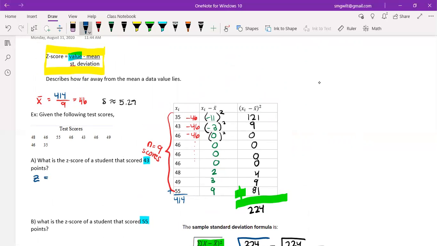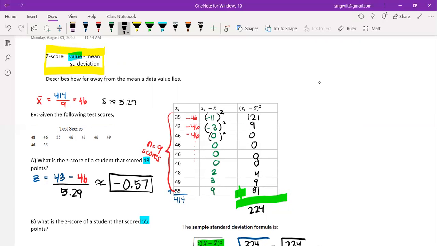Z-score is equal to the data value, which was the 43, minus the mean, which we got was 46, divided by the standard deviation, which is 5.29. If I calculate that, I've got negative 3 divided by 5.29. That's negative 0.57.